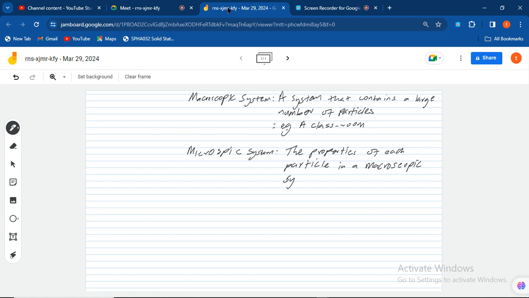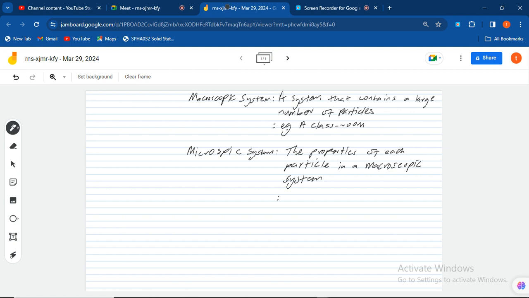So when we talk of microscopic, we are referring to the properties of each particle. It means we are going to talk of the properties of each student in that classroom as an example.